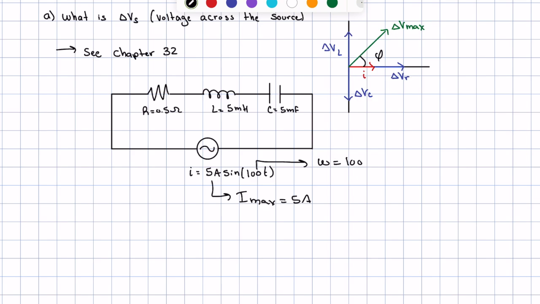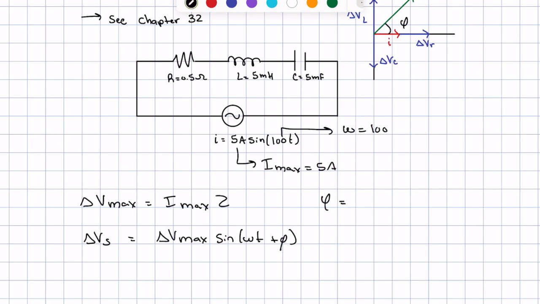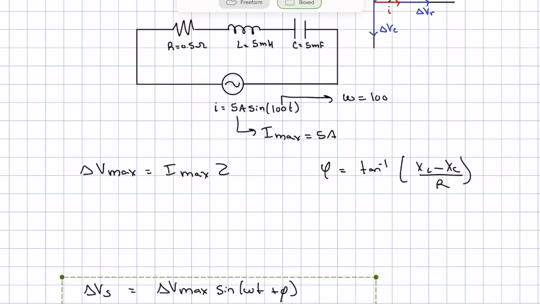So from there, you have the equations delta V max is equal to I max times Z. And you know that delta Vs, the potential across the source, is equal to delta V max sine of omega t plus phi, where phi is equal to the inverse tan of XL minus XC divided by R. So you just need to pull all of these equations out, calculate everything, and then put them back into delta Vs. We're going to go ahead and do that.